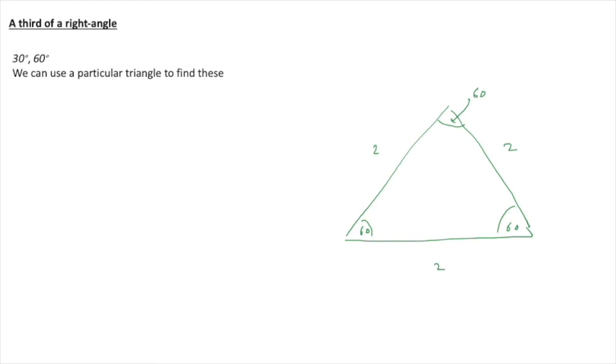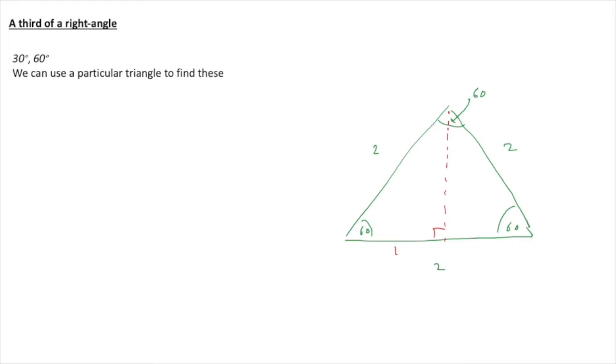And the reason for that is, you'll see, the first thing we do with that triangle is we drop a vertical down from the top. This is a vertical that's at right angles to the base. Now that of course splits the base exactly in two because it's all symmetrical.